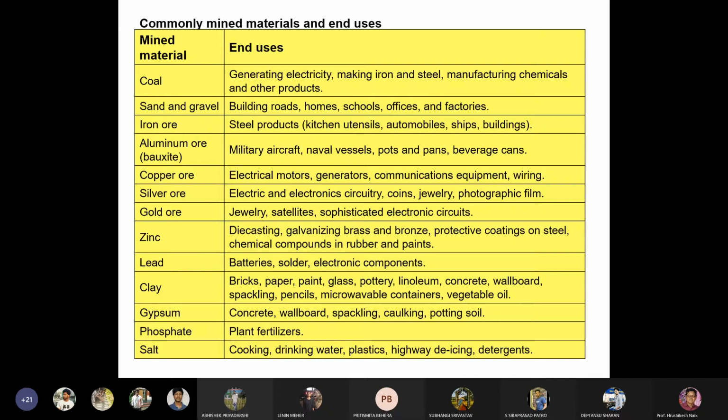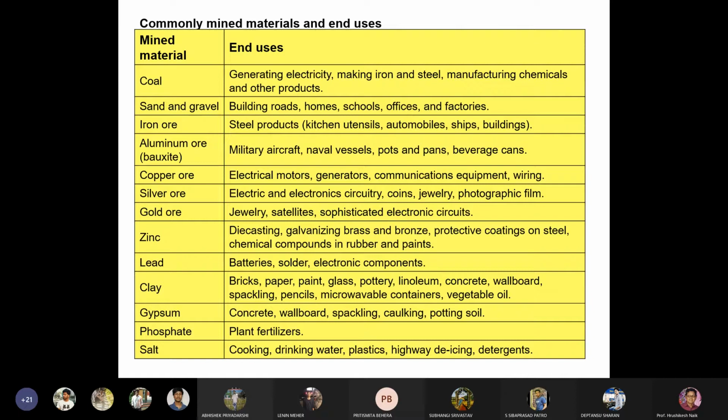So in mining, usually these are the commonly mined materials and their end uses. What type of material is mined and what is the use of those minerals is tabulated in this table.